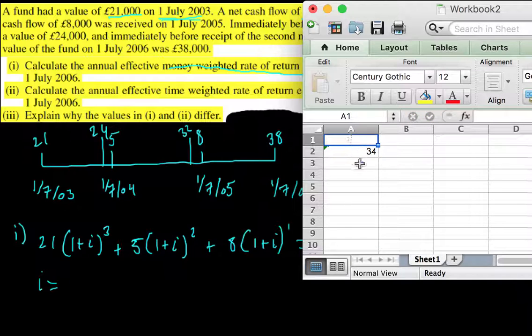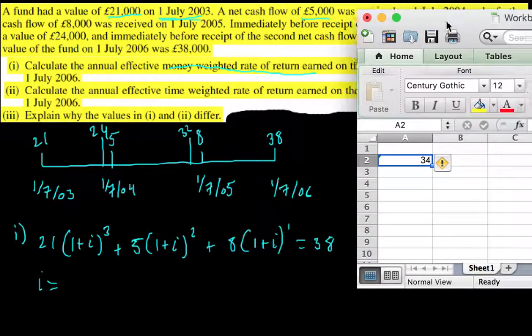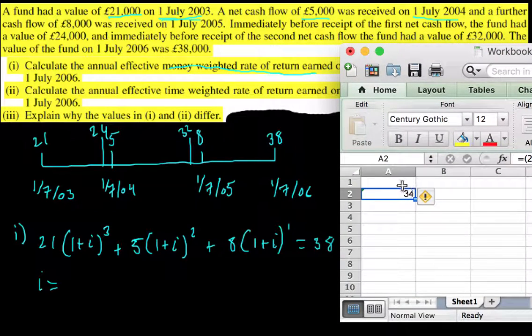Okay, so what amount is this? We've got to get this number over here to become 38. I can use Solver or something, but on the exam we're not going to have that, so just imagine you're using your calculator again and again.